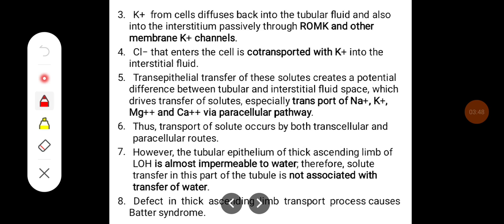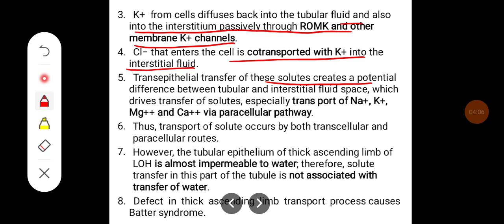Potassium from the cell diffuses back into the tubular fluid and also into interstitium passively through ROMK and other membrane potassium channels. Chloride that enters the cell co-transported with potassium goes into the interstitial fluid. Transepithelial transfer of these solutes creates a potential difference between tubular and interstitial fluid space, which drives the transfer of solutes, especially transport of sodium, potassium, magnesium and calcium via paracellular pathway.